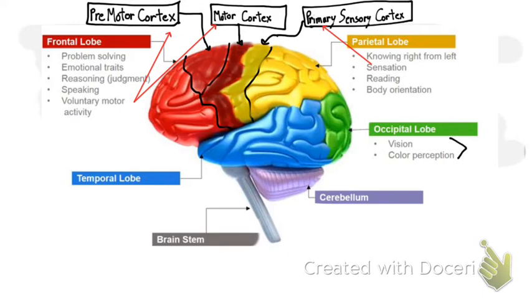An interesting thing about the occipital lobe, there's something called Anton syndrome. Anton syndrome is this really fascinating but super rare disorder where people will go blind as a result of Anton syndrome, but deny that they are. So whenever they're asked a question about vision, they will lie and make up an answer rather than admitting that they cannot see.